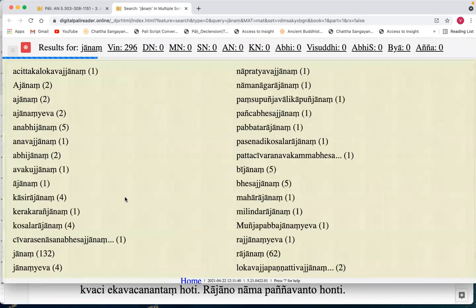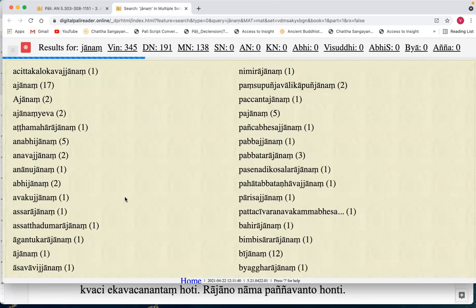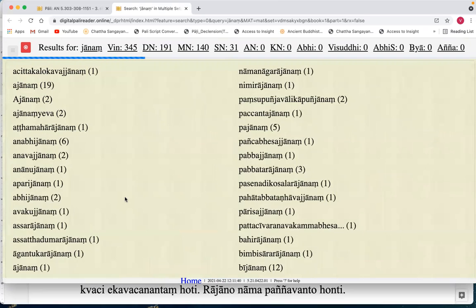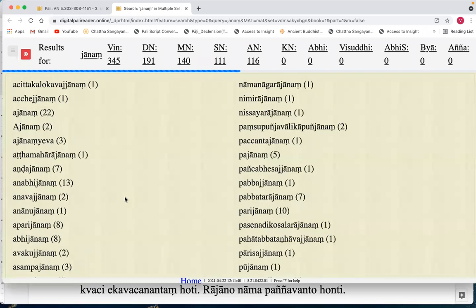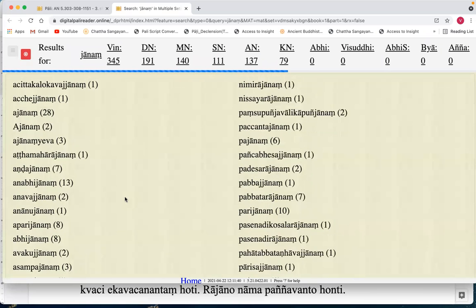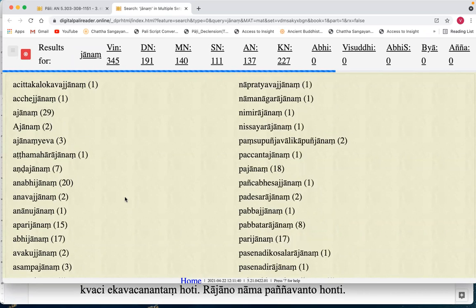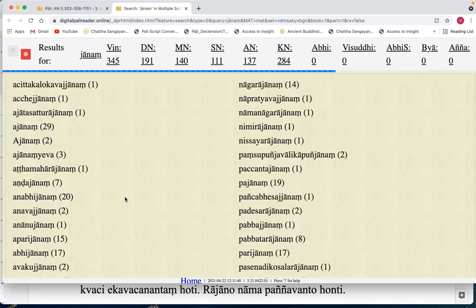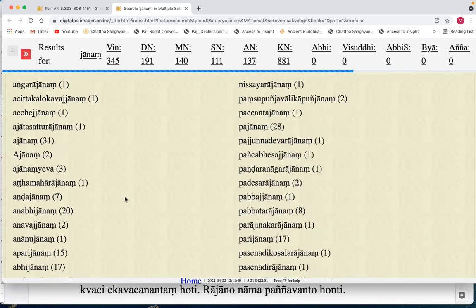Janato. So there is Khuddaka Nikaya, volume 6, Jataka. The first example. And the second example is number 3, or Digha Nikaya, volume 1, Silakkhandhavagga Pali, page number 177.